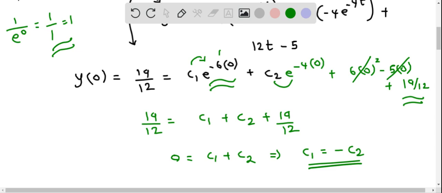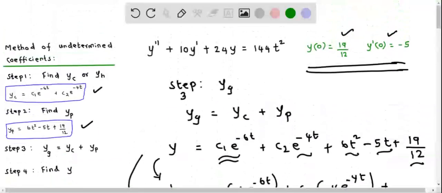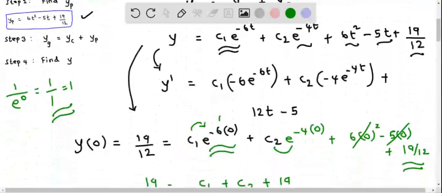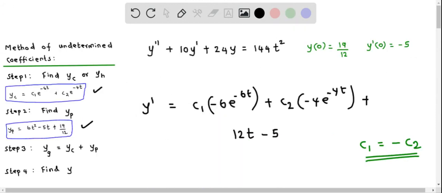Now let's substitute the second initial condition, y prime of 0, into the derivative function. So let me substitute t equal to 0 into the derivative equation. This becomes y prime of 0, which is given as negative 5, and this equals, let's replace all the t's with 0, negative 6c1.